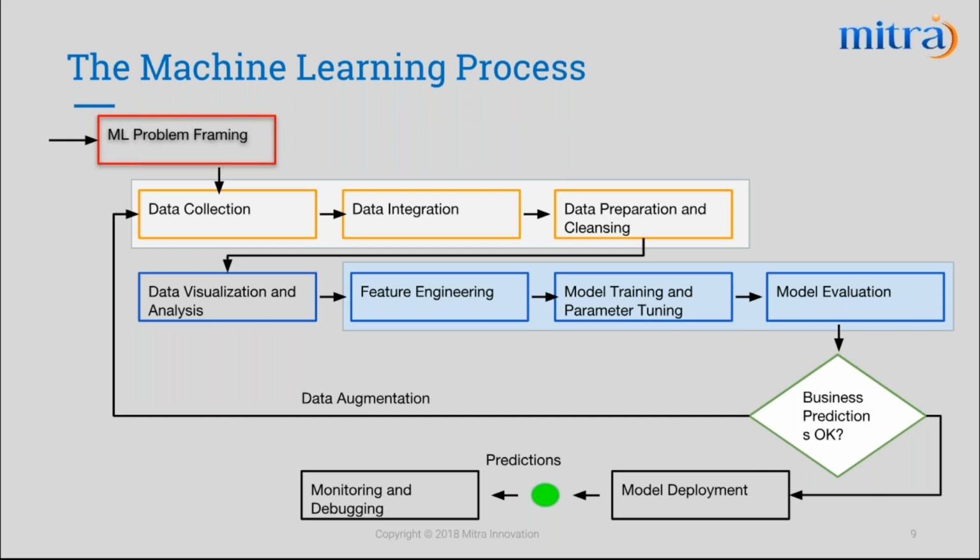Next, you will be developing your model. You will be tuning your parameters, and after you tune them, you will evaluate the model to see whether it gives the best results that you require. And if the business predictions are okay, you would go ahead and deploy the models. And at the same time, you will continue on to monitoring and debugging as well.